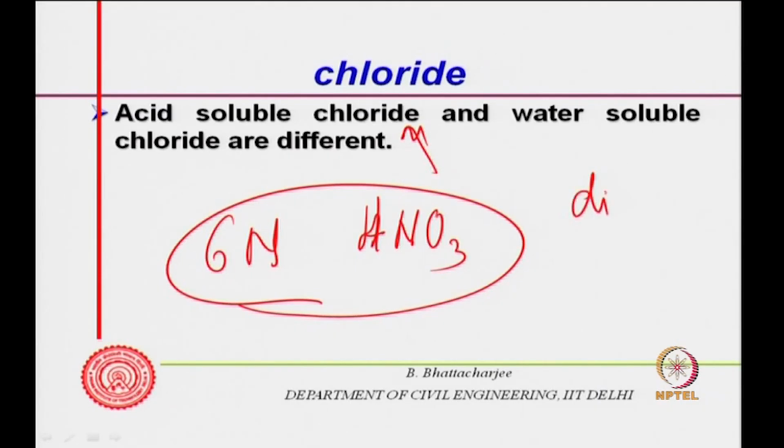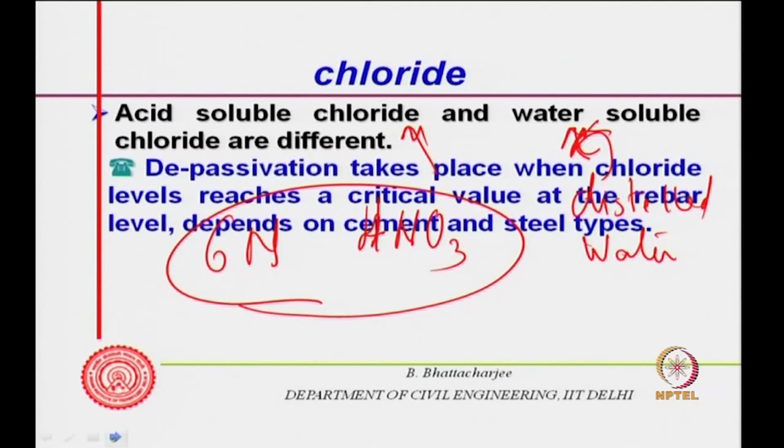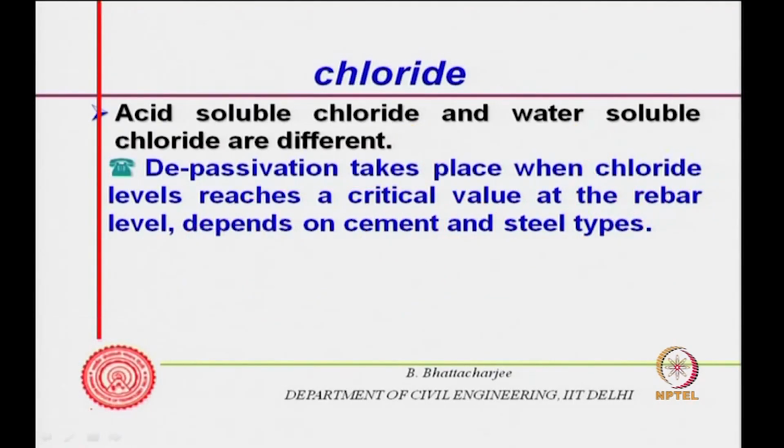Dissolve it in distilled water and find out by silver nitrate test the quantity of chloride, that is water soluble chloride. So, we distinguish two types of chlorides in concrete, one is water soluble, another is acid soluble.